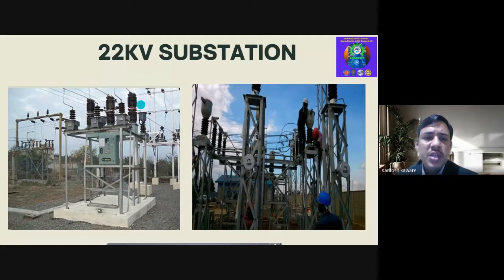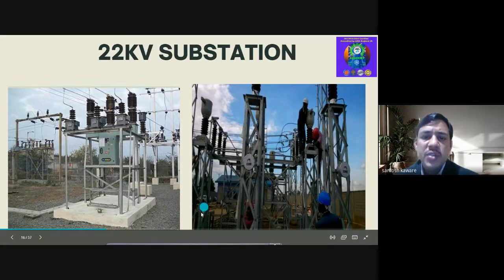Also, we have these CTs, isolators, and other connections. These are PTs, potential transformers to measure voltage, mounted on structures here. These are CTs to measure the current. So these are the equipment we install in a 22 kV substation.